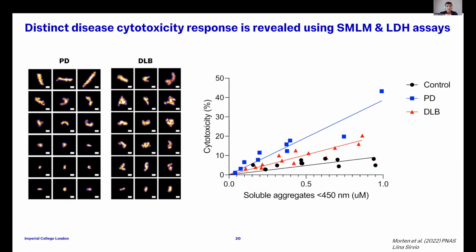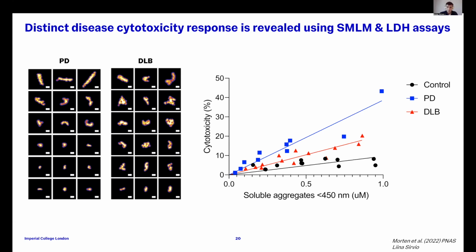We tested this with Parkinson's disease patients, dementia with Lewy body disease patients, and again with donors who haven't been diagnosed with dementia. Our suspicions were correct: the Parkinson's, DLB and control donors all had very different cytotoxicity trends when we normalized to aggregates smaller than 450 nanometers.